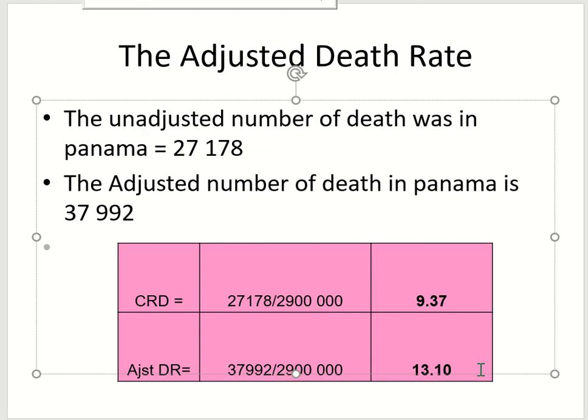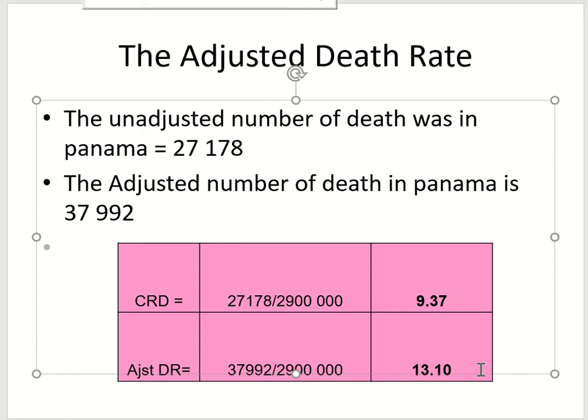Now I can compare this 13.1 to Sweden because that value has been adjusted for the age distribution of Sweden, and therefore the two countries can be compared. They can be compared because both of them now have the same age distribution.